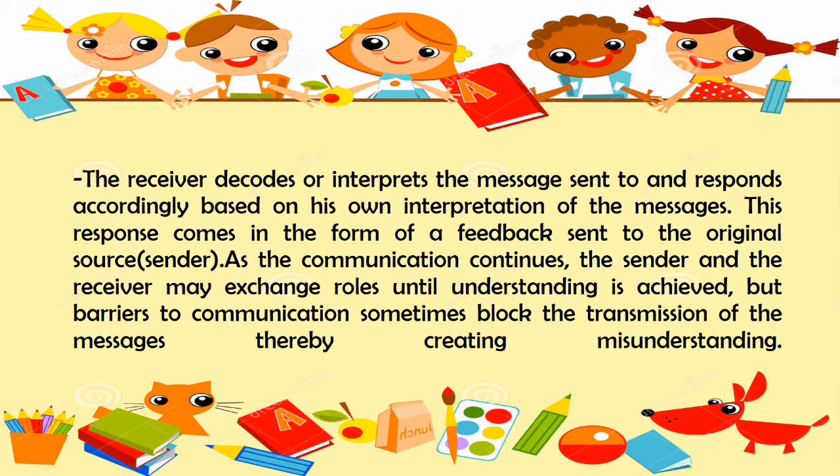This response comes in the form of feedback sent to the original source or the sender. As the communication continues, the sender and the receiver may exchange roles until understanding is achieved. But barriers to communication sometimes block the transmission of the messages, thereby creating misunderstanding.